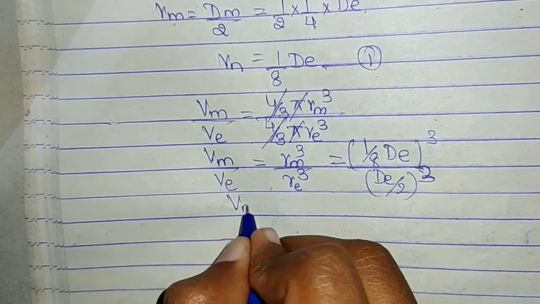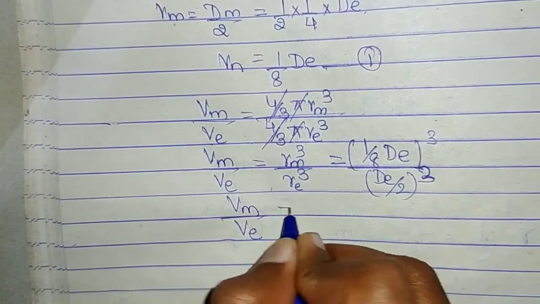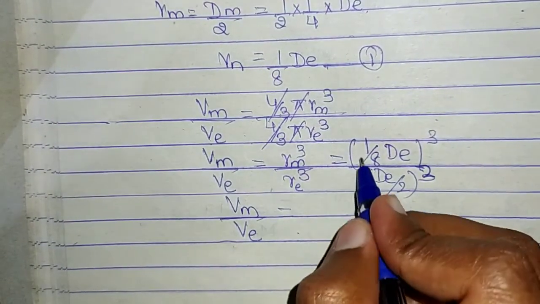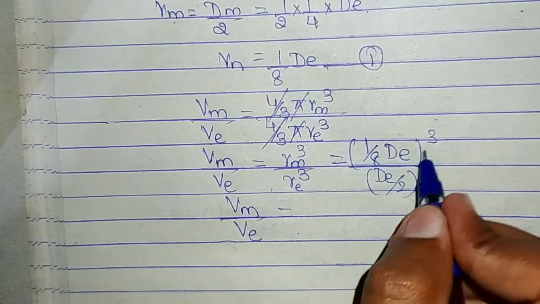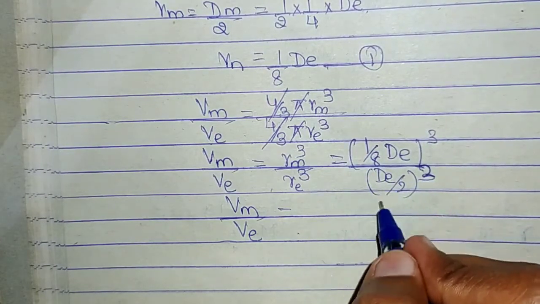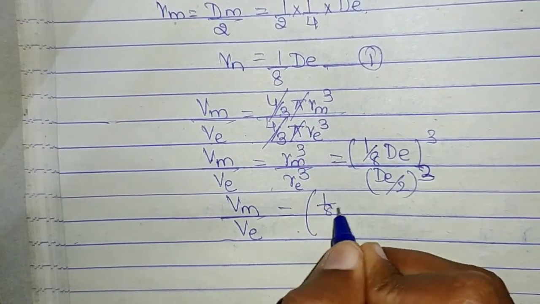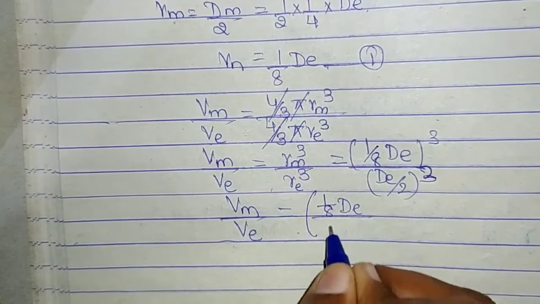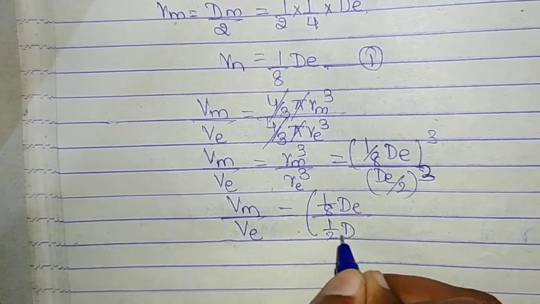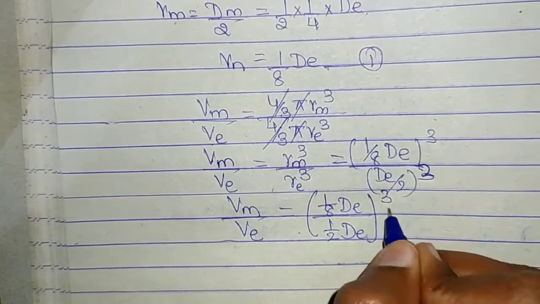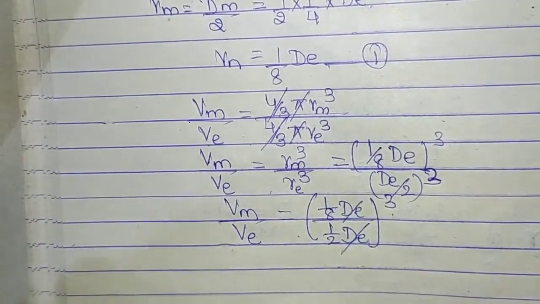So Vm by Ve is equal to, since a raised to m divided by b raised to m, we can write it as 1/8 dE divided by 1/2 dE, whole raised to 3. So dE cancels each other.